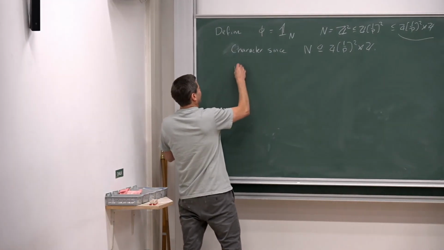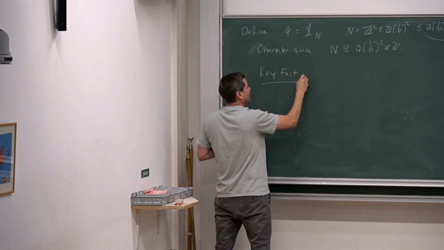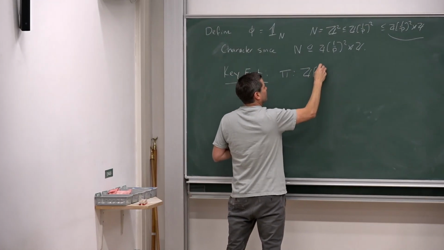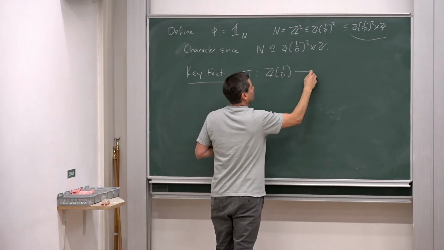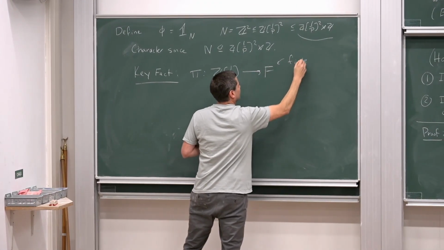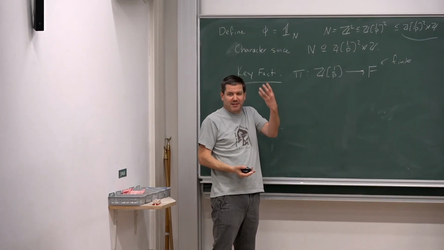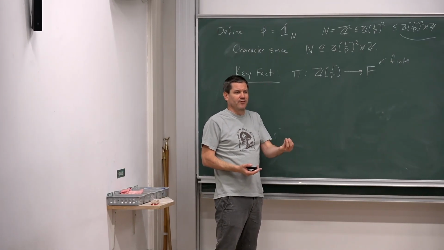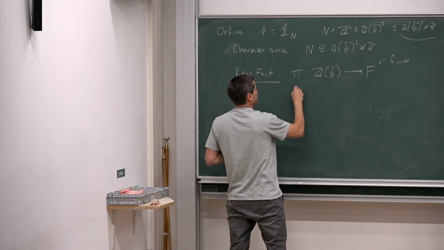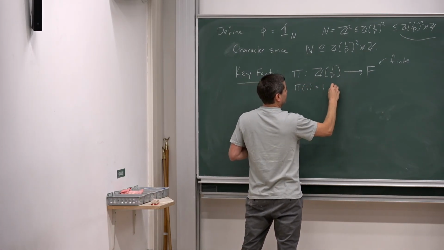In fact, if I take pi from Z[1/p] to F, where F is finite, if 1 is in the kernel, then the only possibility is the trivial homomorphism. Once you kill 1, you kill the entire group, where F is finite. So pi of 1 is 1.